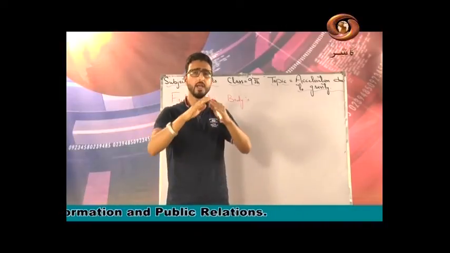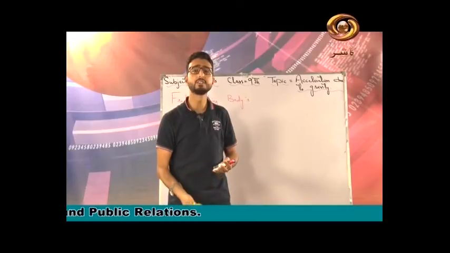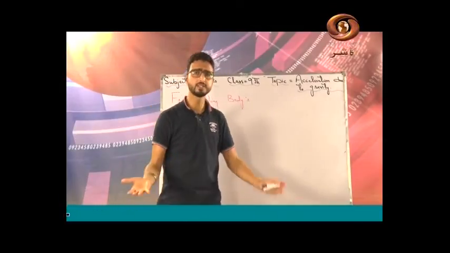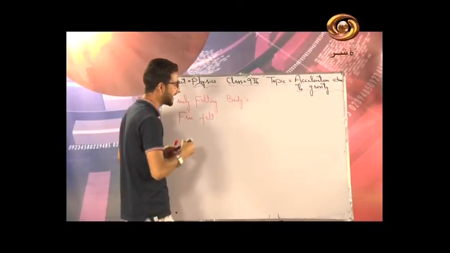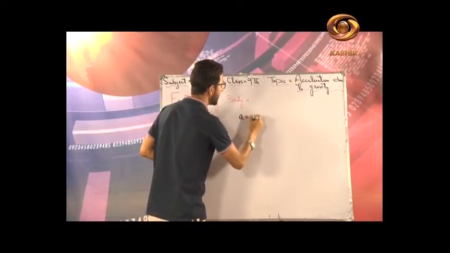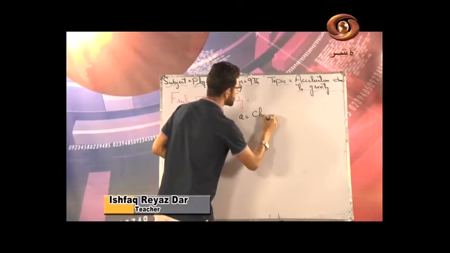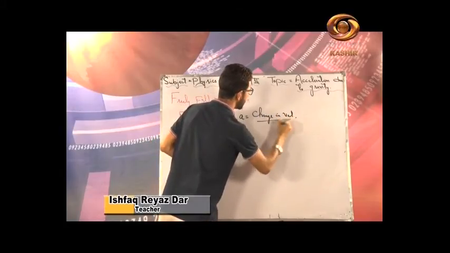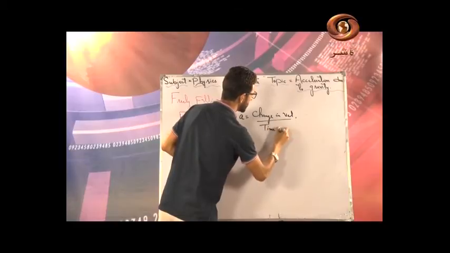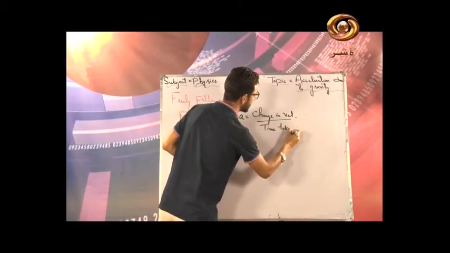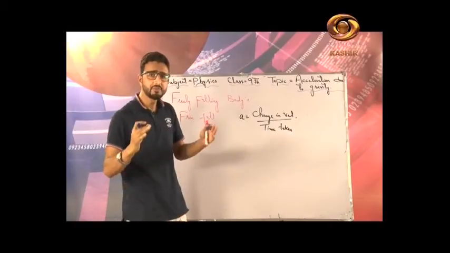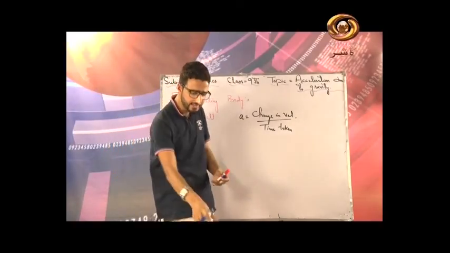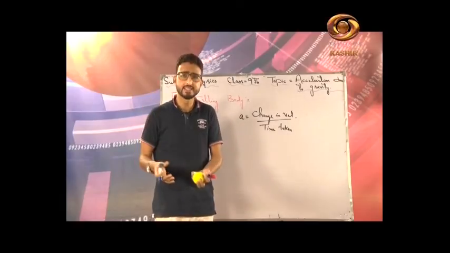So the velocity of this body changes during free fall, and whenever the velocity of a body changes, you remember the definition of acceleration, the rate of change of velocity, that is change in velocity divided by time taken, right? This is the definition of acceleration. Now the velocity of this freely falling body is changing, and we say that this body is accelerating.